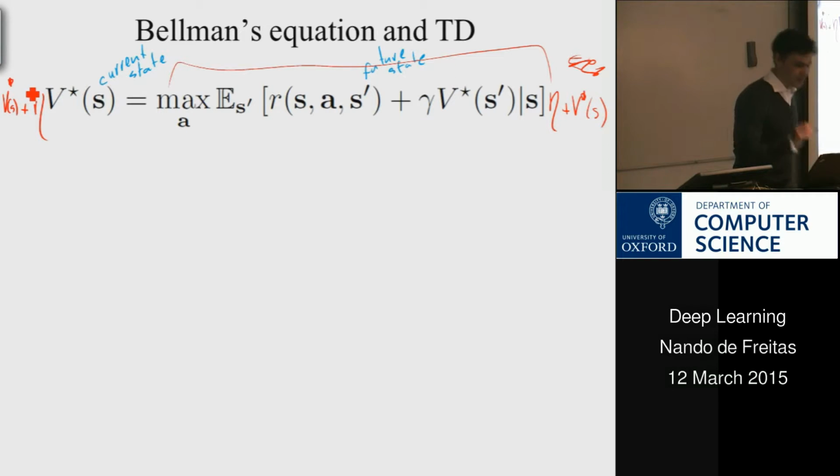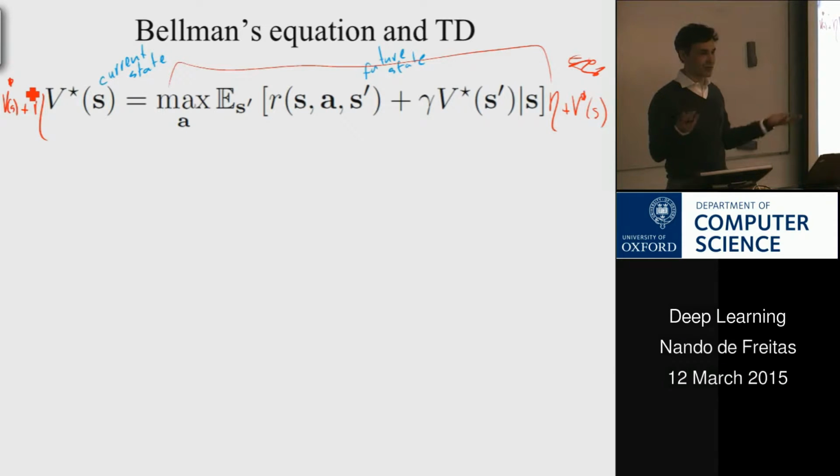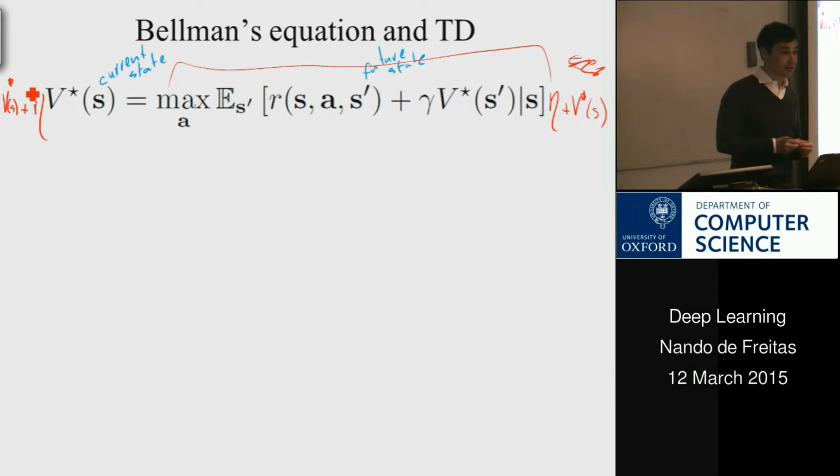So this was the same trick as how I derived SGD from the true gradient. The true gradient involved the expectation over all the data, and then SGD would only load one data point at a time. So here we're going to do the same thing. We're only going to load one state at a time.